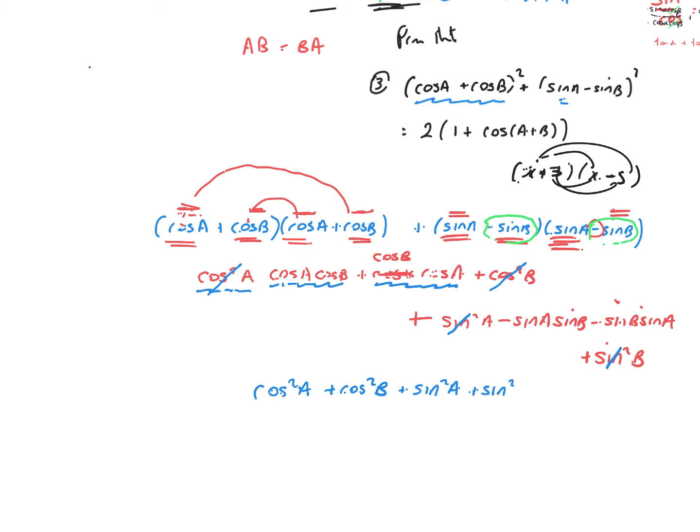So I've got cos A cos B and cos B cos A. Well, they're the same thing, that's 2 cos A cos B. And then I've got minus sin A sin B, and then minus sin B sin A, same thing. So it's negative one of those, take away another one of those, so that's minus 2 sin A sin B. Okay, and that's everything I can collect.